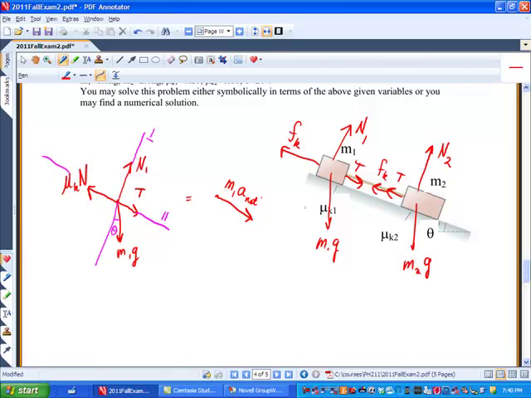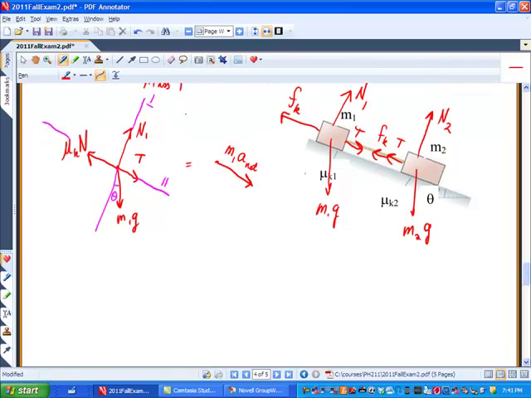Now, because this is a 2-body problem, we need a free body diagram for each and every body in the problem. So I probably should have labeled this free body diagram mass 1. And the next one would be mass 2. Its free body diagram looks a little different in that in this one the tension's going up along with the friction.